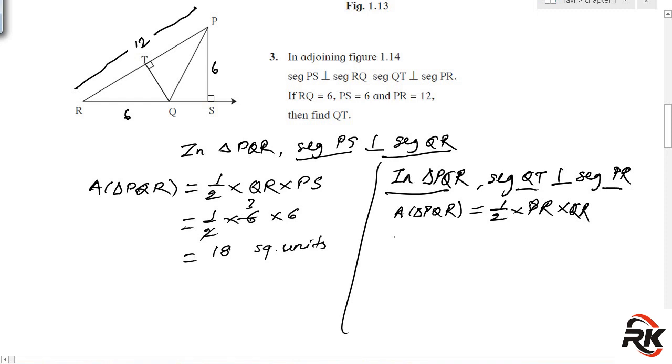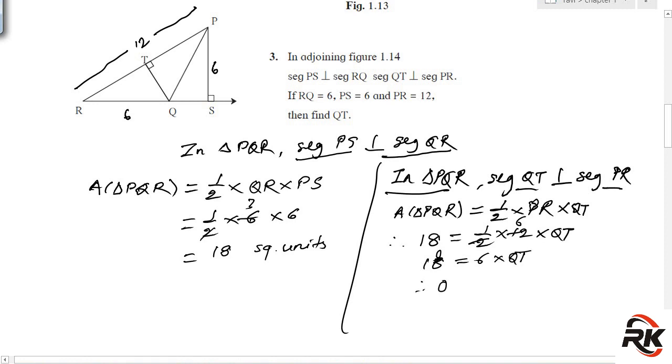आधीच आपण ट्रायंगलचा एरिया काढून ठेवला आहे, 18 इज इक्वल टू 1/2 into PR is 12 into QT, height is QT, not QR, into QT. 2 ने 12ला डिवाइड करून टाकू म्हणजे 18 इज इक्वल टू 6 into QT.